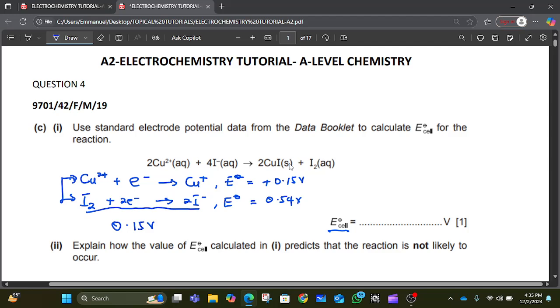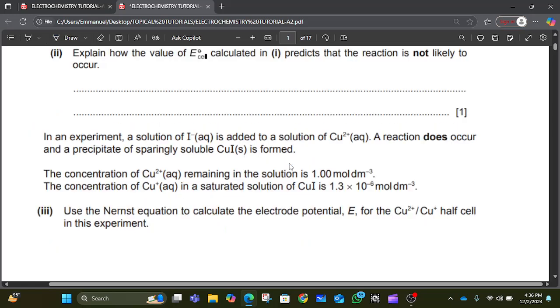But in the complete cell equation, the I- equation has been written in the oxidation form. So we have to reverse the sign of the electrode potential for this equation. So that will be minus 0.54 volts. So the E naught of cell is giving us negative 0.39 volts.